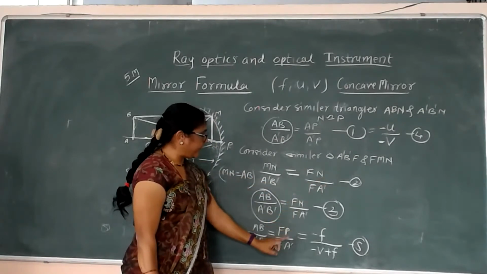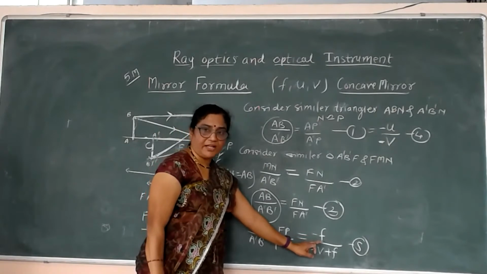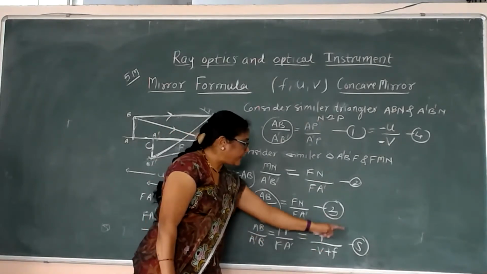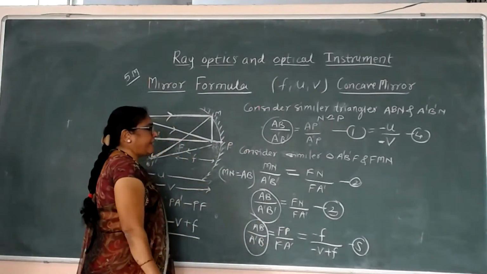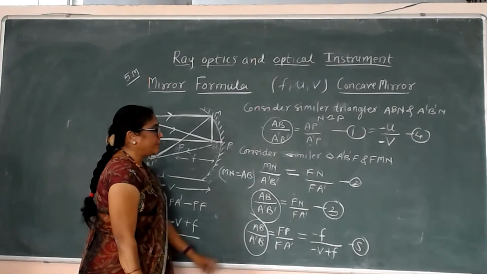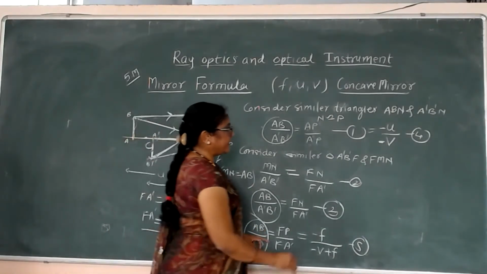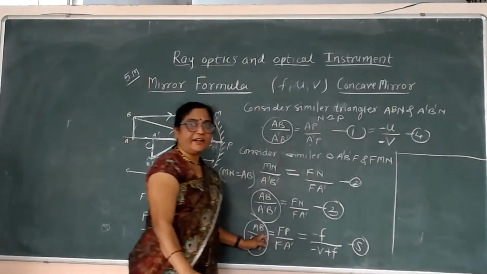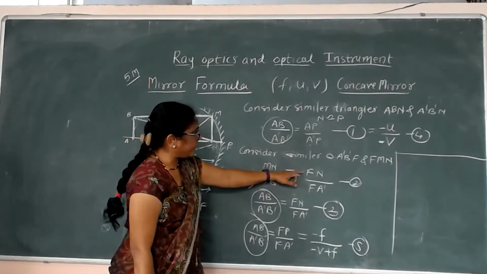Therefore, FP divided by FA dash is equal to F, known as the focal length, divided by minus V plus F. When we compare both equations, one side is the same, that is AB divided by A dash B dash, so the other side is also the same.